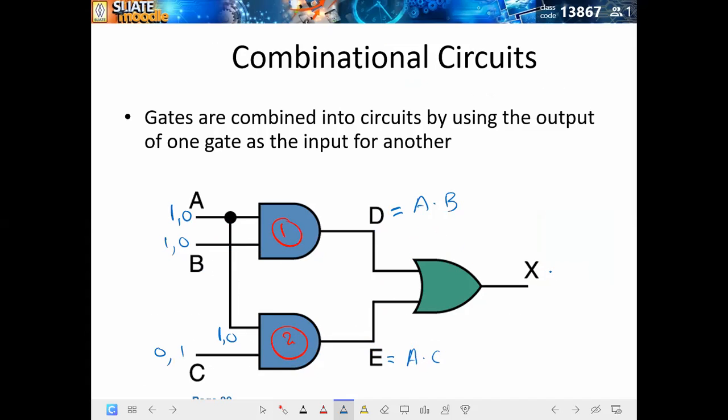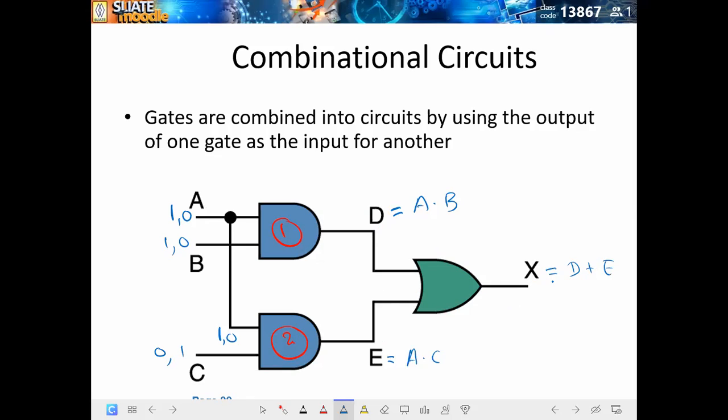Now what is X here? We can write X in this way: D or E, right? D is one input, E is the other input. This is an OR gate. You know how to write an OR gate.